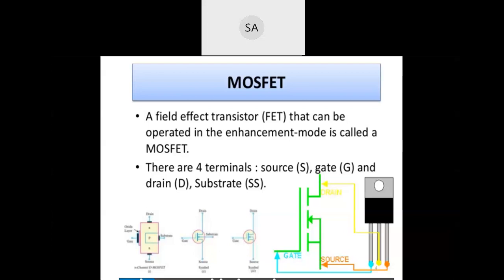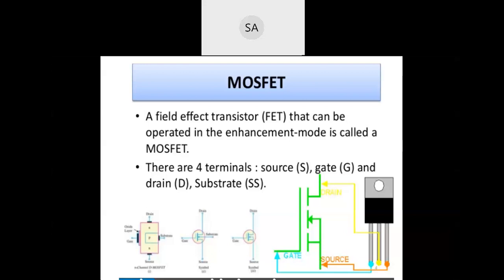So the MOSFET can be used in any of the circuits covered for the FET. Therefore, all the equations apply equally well to the MOSFET and FET in amplifier connections.